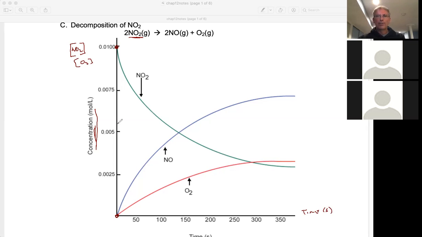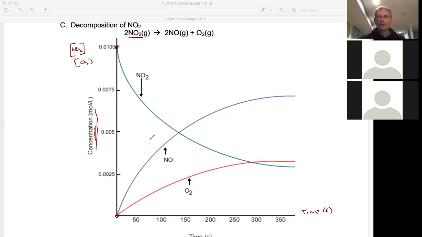So then what the graph shows is that the NO2 keeps getting lower and lower because the reactants make the product. The reactants are falling apart, making the products. So these are going up because you're making them, and this one's going down because it's getting destroyed. Okay.